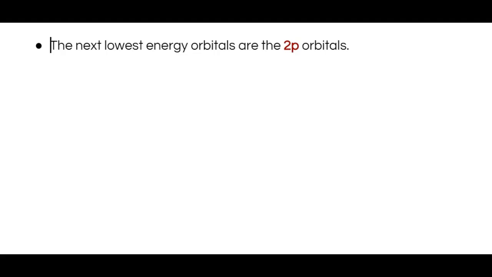So now is where things get a little bit more complicated. You may remember that there were 3 different types of p orbitals because of their orientation in 3-space. So we have the px, the py, and the pz, right? Each of those can hold 2 electrons in total.